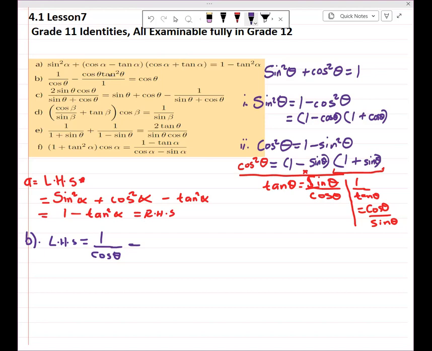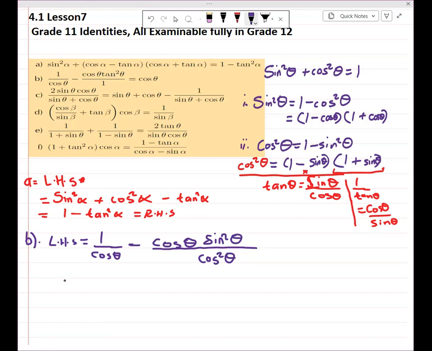So on the numerator, I'm going to have sine, and in the denominator, I'm going to have cos theta. Okay, remember, this is the numerator. So the numerator for the tan squared is sine squared theta, right? And then the denominator is cos squared theta, right?